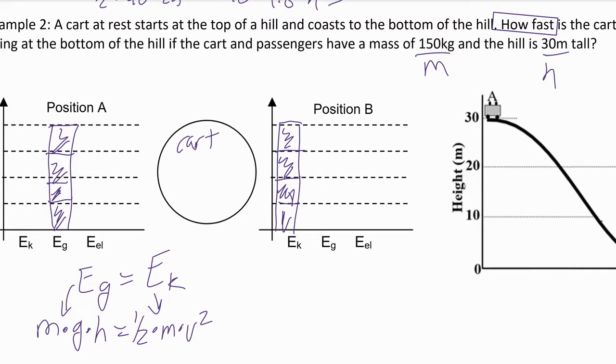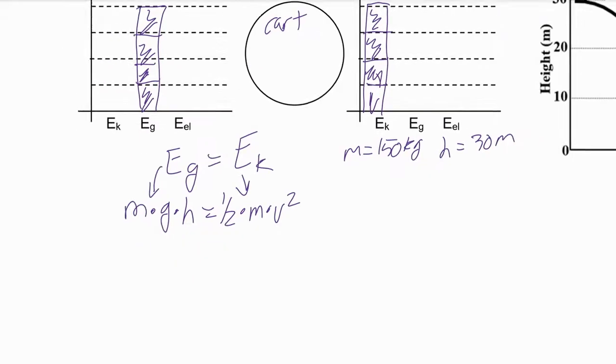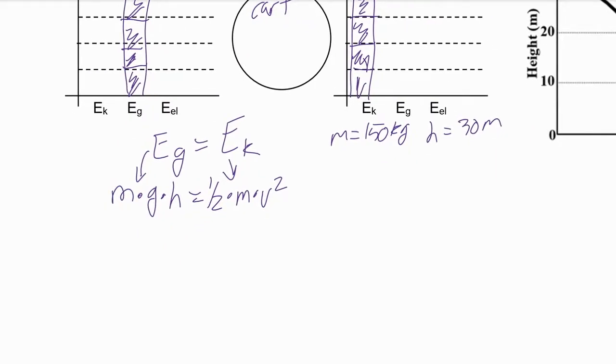And then we just substitute in the values that were given to us up here. So the mass is 150 kilograms and the height is 30 meters. Okay, so now I've got my mass, which is 150 kilograms, times gravity, which on Earth is 9.8 meters per second squared, times the height, which the problem said was 30 meters.